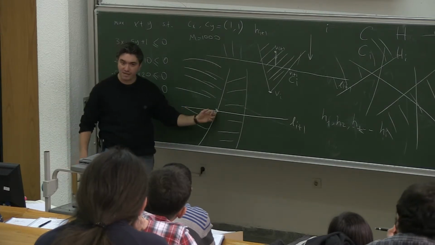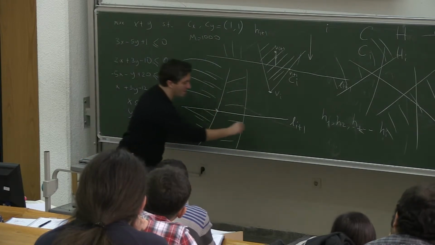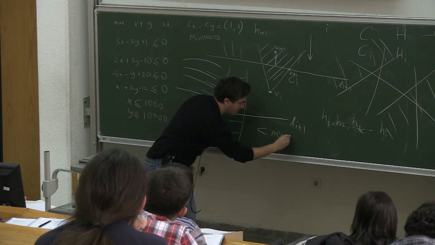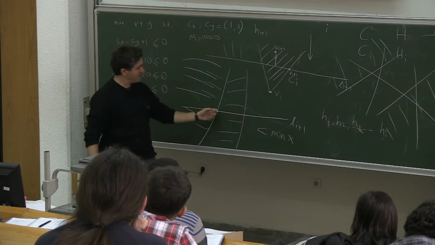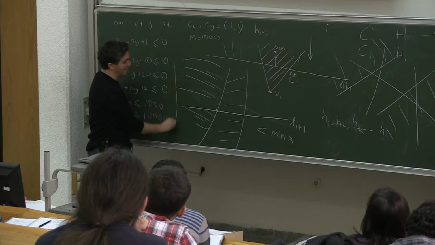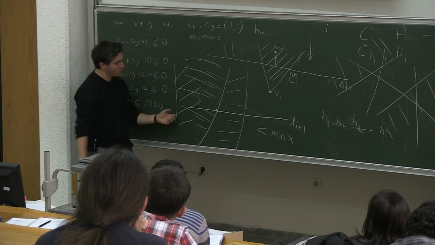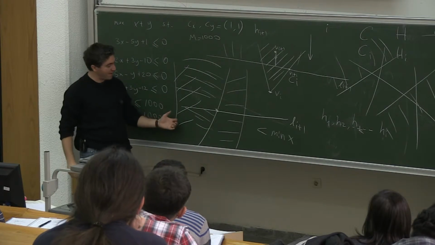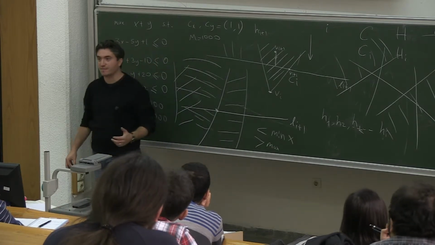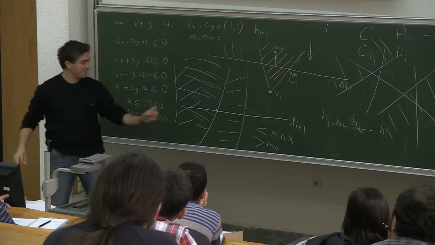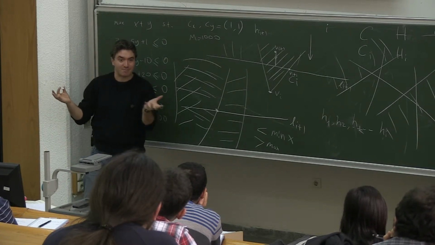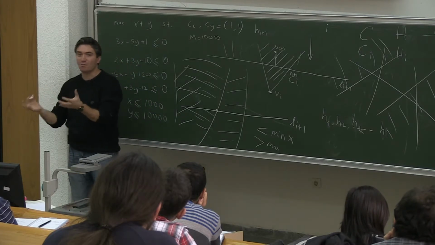If it's bounding on the right, the x coordinate has to be smaller than the minimum of these intersections. And if the feasible region is on the other side, the x coordinate has to be greater than the maximum of such intersections. So all I need to do is maintain a minimum and a maximum of these intersection x coordinates, based on whether they're bounding from the left or from the right.